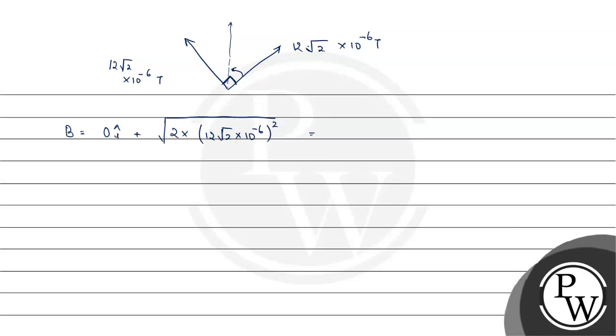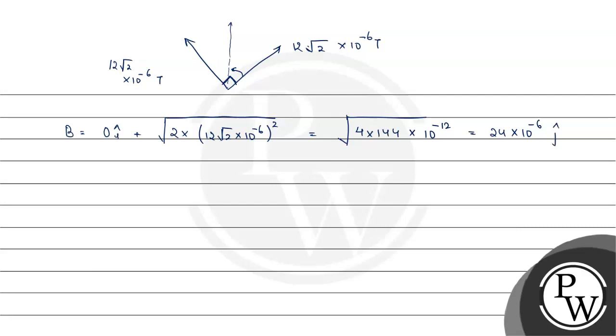What does it come out to be? It comes out to be the square root of 4 into 144 into 10 to the power minus 12, which is nothing but 24 into 10 to the power minus 6, this much j cap.